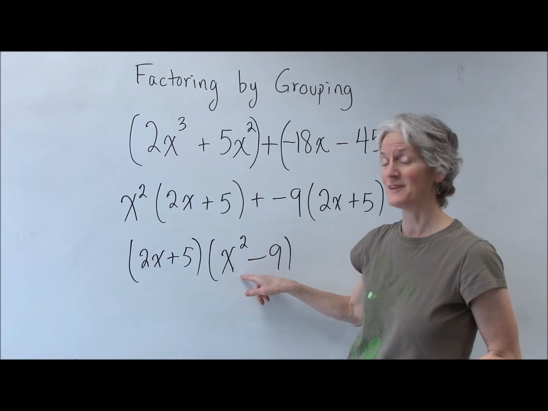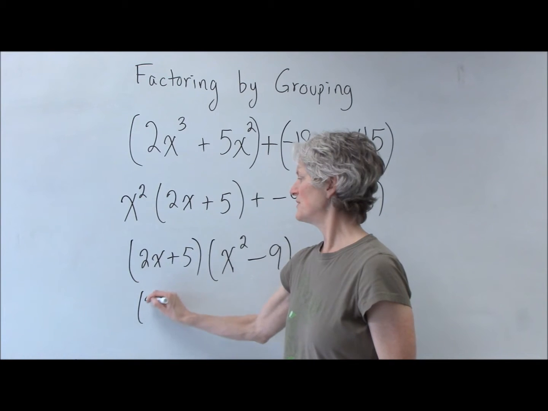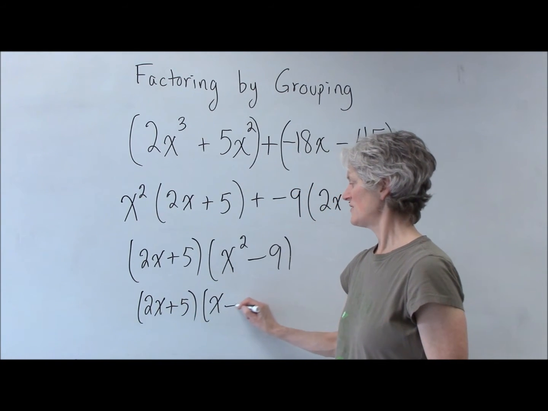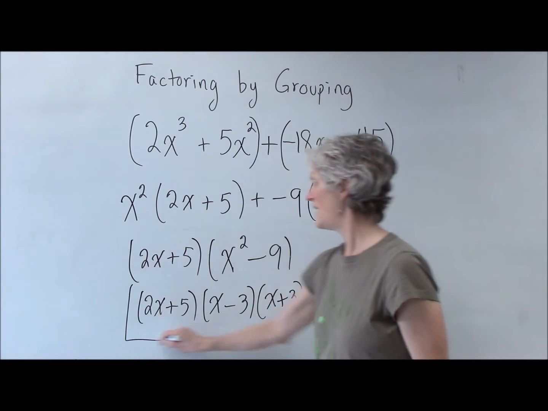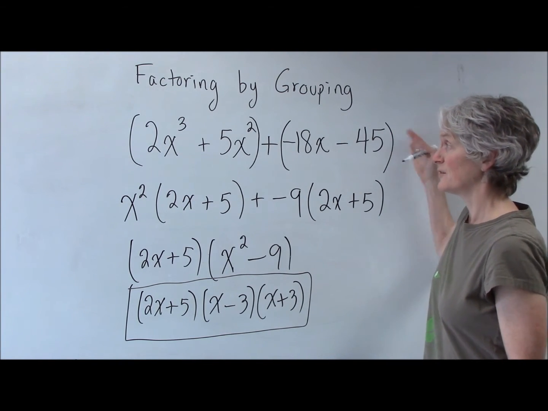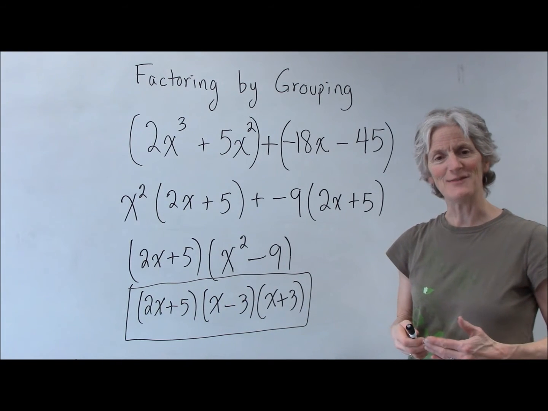Ooh, difference of perfect squares. I can keep factoring that. So 2x plus 5 is going to be multiplied by x minus 3 times x plus 3. That would be a fully factored version of that first expression. Try it. This is fun, factoring by grouping.